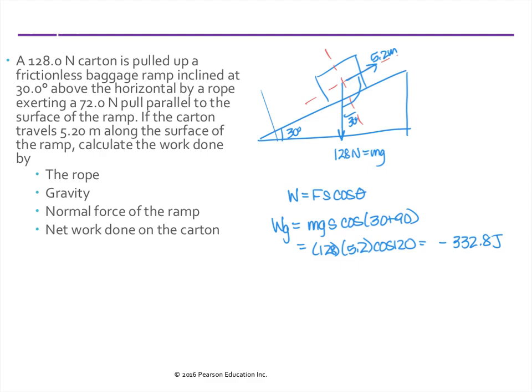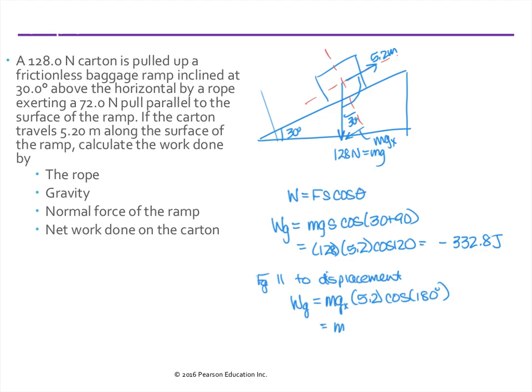Now, one of the things I mentioned is we could think of it as the force of gravity that is parallel to the displacement. If we break gravity down into its x and y components, mgx would be the one that is parallel to the displacement, although it's in the opposite direction. So we could say mgx times 5.2, and just to emphasize the fact that they're in opposite directions, it would be the cosine of 180.